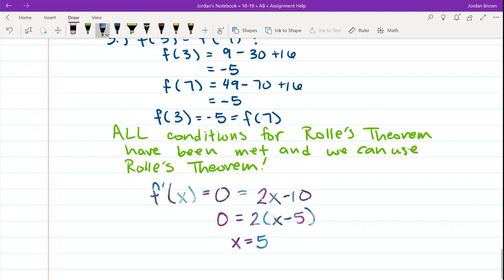So x equals 5 is the value for which f prime of x is equal to 0. Yes, x equals 5 is the correct.